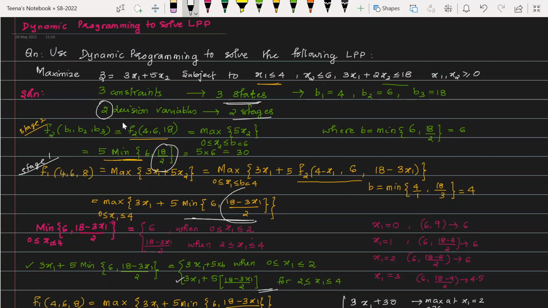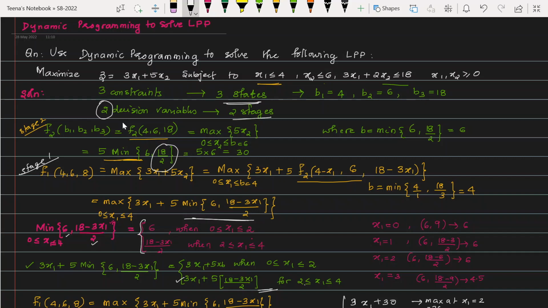Okay, so we have formed the stages, and now the only thing left is to find the minimum value, and then substituting it into this F1 will give you the optimum policy. So this is simply an algebraic calculation. Just find out the possible set of values for which 6 is minimum, and the possible set of values for which 18 minus 3x1 by 2 is minimum. So we obtain that here.